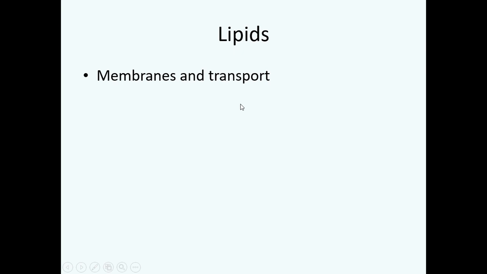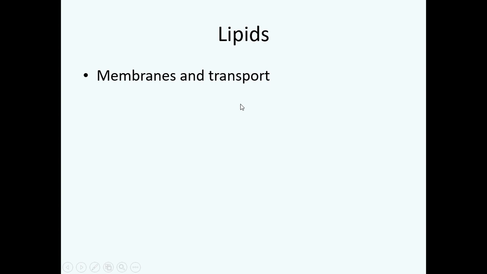In addition, endoplasmic reticulum, Golgi complex, lysosomes, and several other organelles are also surrounded by membranes. So all of these membranes, the plasma membrane and also the membranes of the organelles, are all made up of different types of lipids.